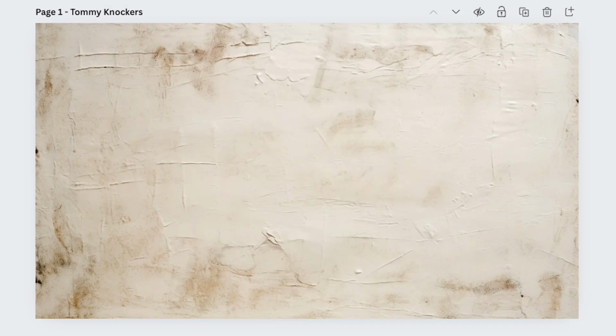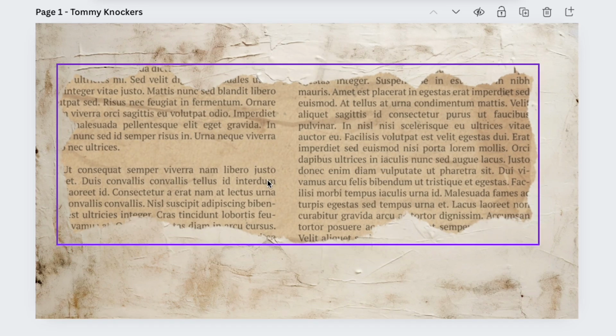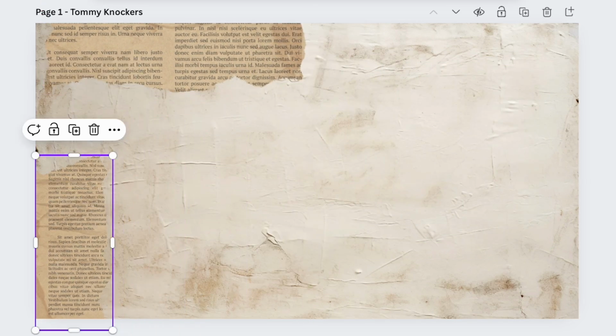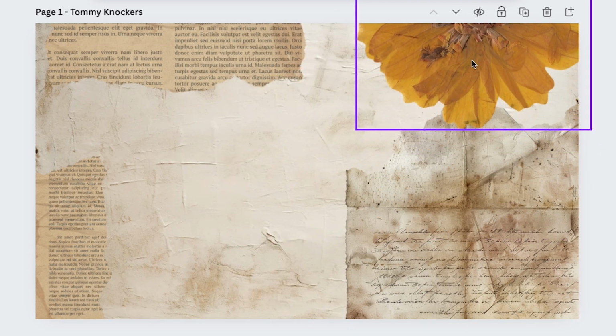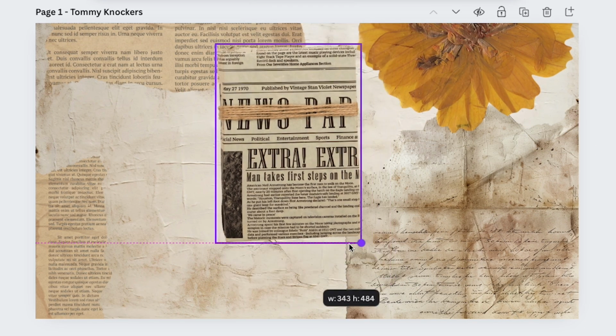Okay, so I have my Canva open. This is not sponsored by any means by Canva, but it just makes everything easy for me to explore images and textures right on the actual site instead of dragging and dropping stuff from Pinterest.